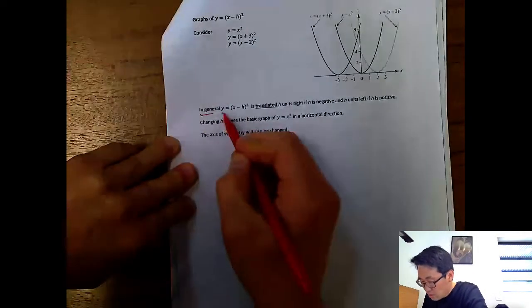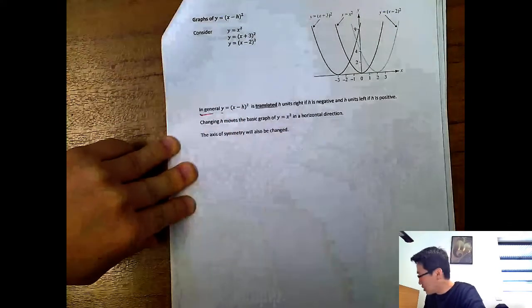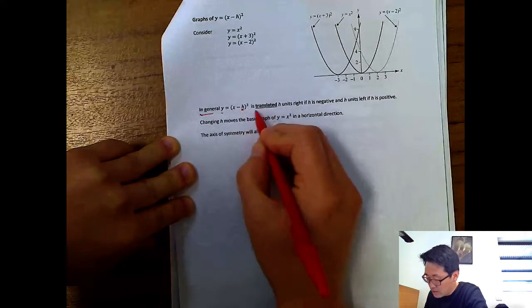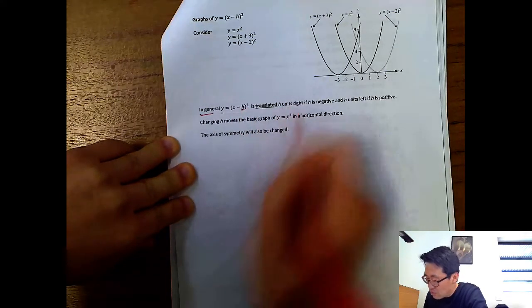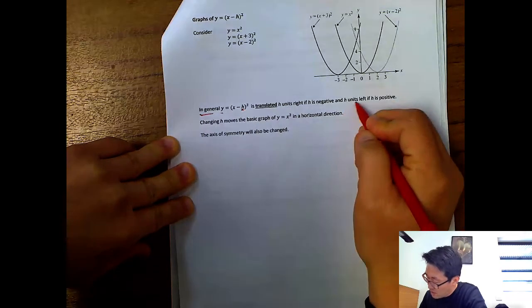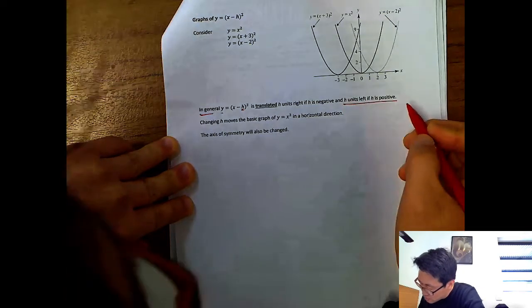Let's just go and check that. In general, y equals (x minus h) squared is translated h units right. Well, h units left if h is positive. What?